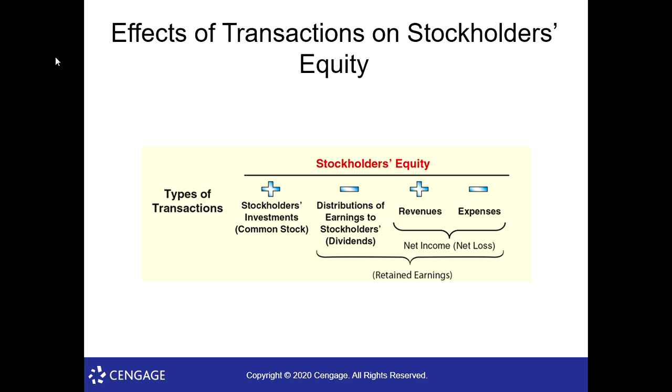And anytime we have to pay out an expense to run our business, wages, supplies, whatever it may be, that's a deduction to equity. Revenue and expenses roll up into that concept of net income or net loss that we talked about. And then these three components are made up of retained earnings, whereas common stock is held separately over here.